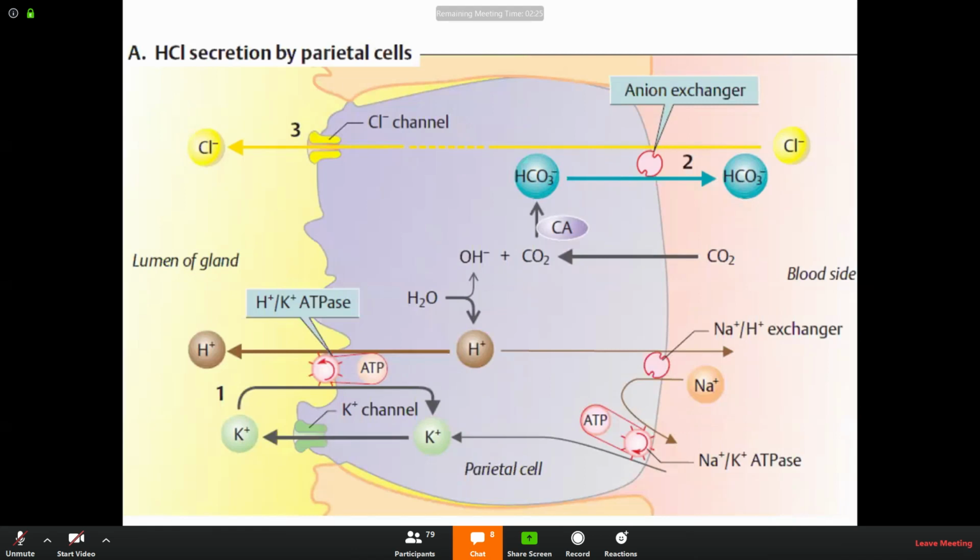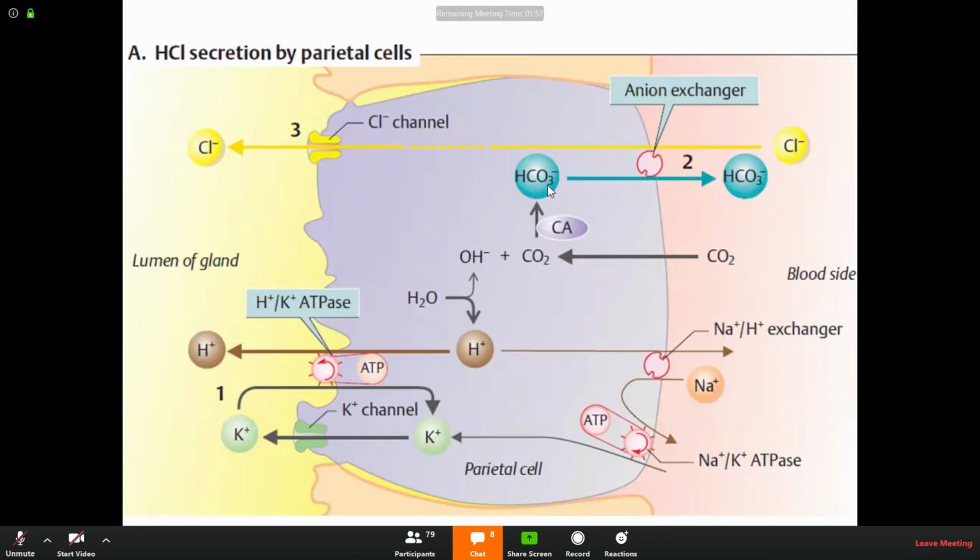To balance the charge, this chloride ion moves, because more hydrogen ion is being secreted into the lumen of the gland.